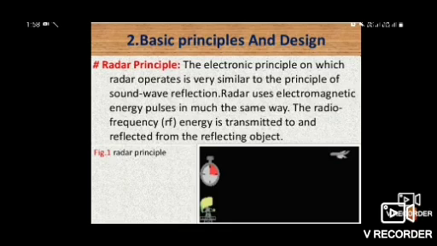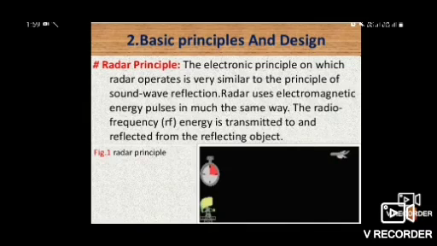Simply we can say that it has a transmitter which transmits electromagnetic waves, called radio waves, and those waves are transmitted in different directions. When they strike that particular target, some signals are reflected back towards the transmitter.